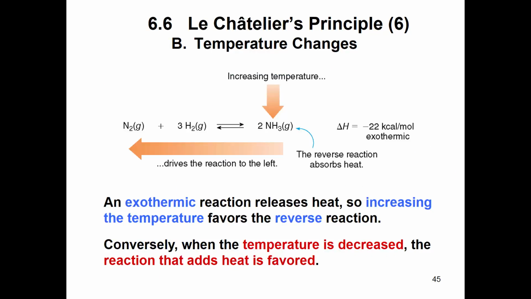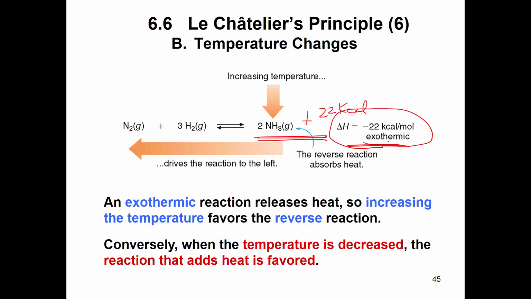What if you increase the temperature on the product side in an exothermic reaction? If it's exothermic, you are releasing heat. Getting rid of heat is the same thing as writing plus 22 kilocalories on the product side.